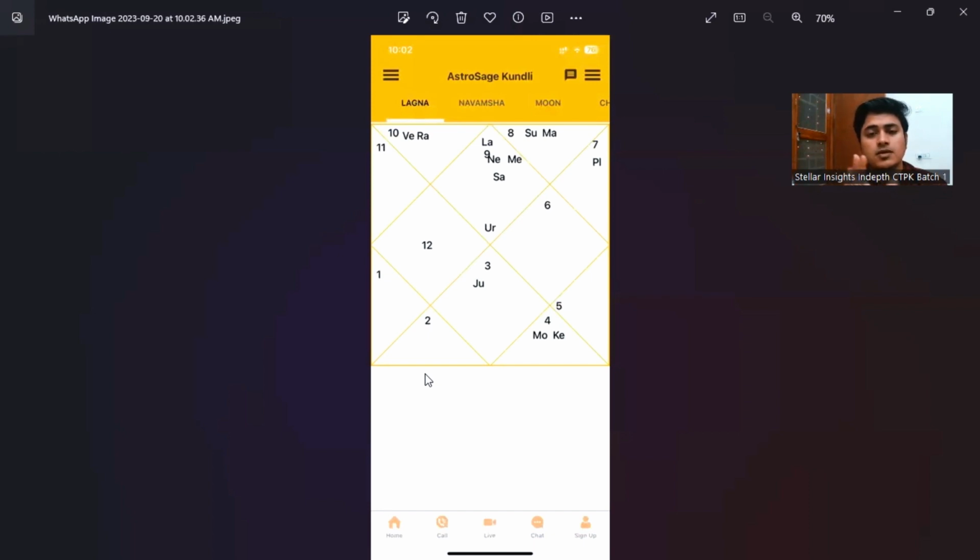So here Mercury is what? Mercury is education. If a child comes, for example, this is a child's chart, and his father comes to you and asks, in which field will my son go, which field will be good for him, then I will look at Mercury. So what will I connect with Mercury?